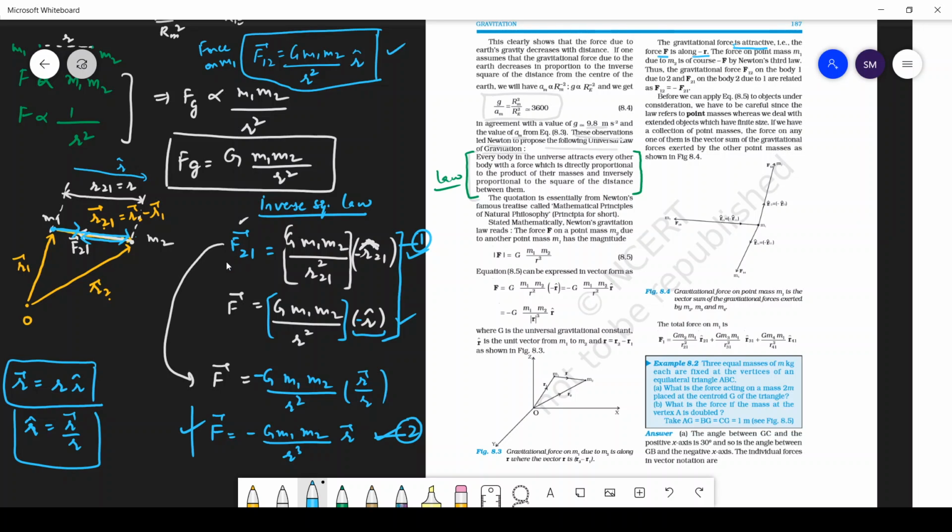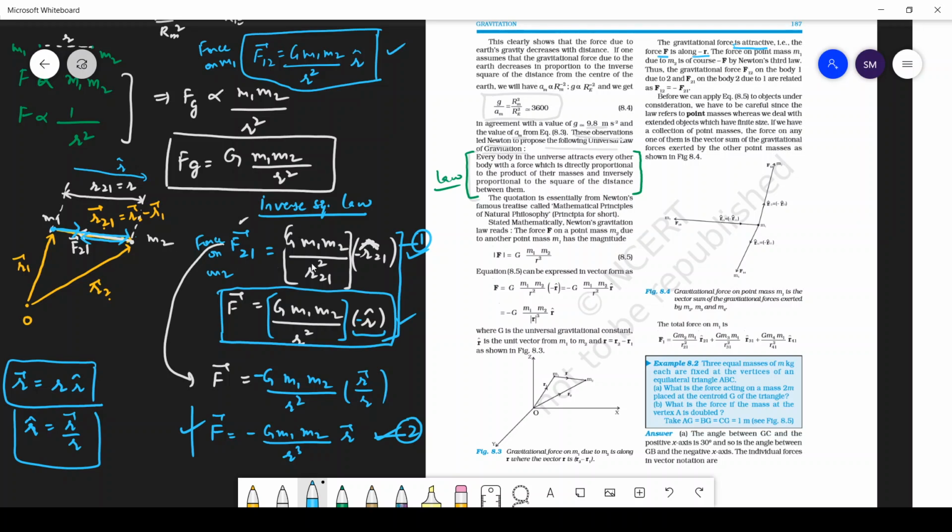So that's the force on m1. This was the force on m2. So you can see here the force on the second due to the first was F21. But students, if you are writing it in this form, you are not supposed to write 2 1.